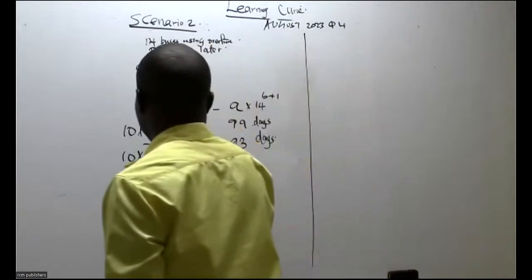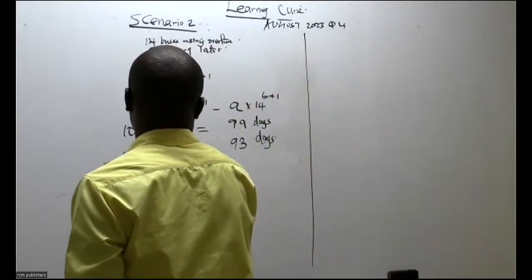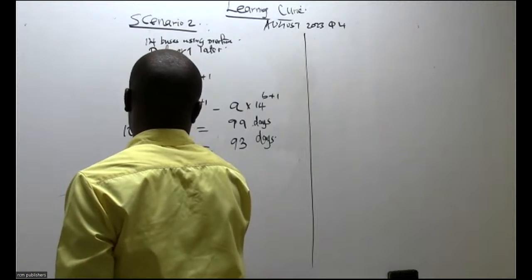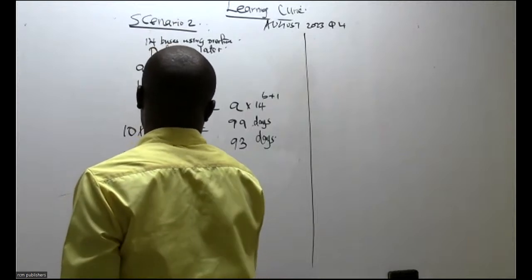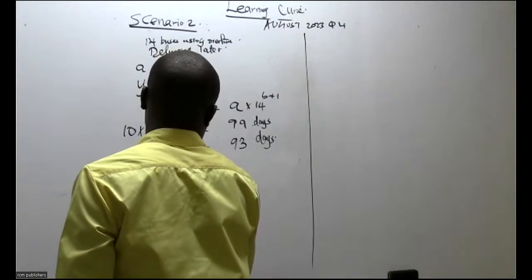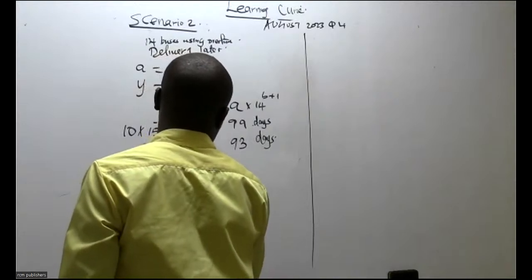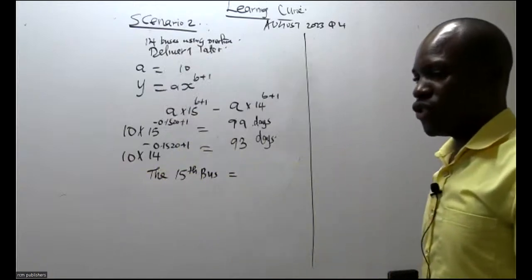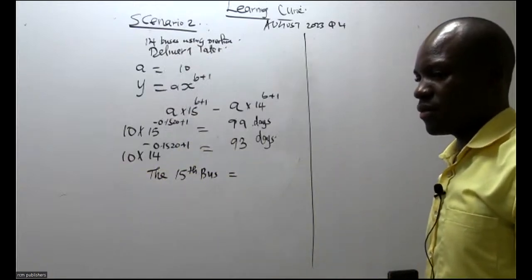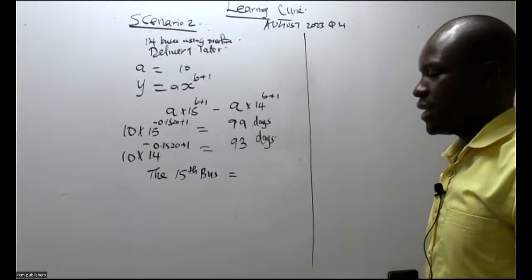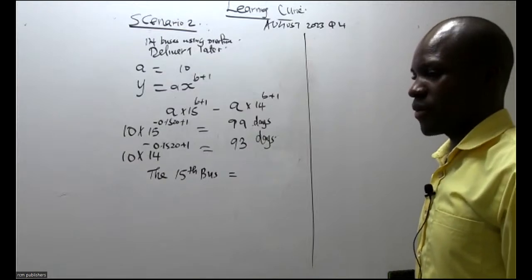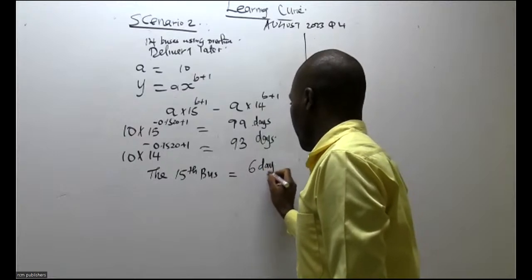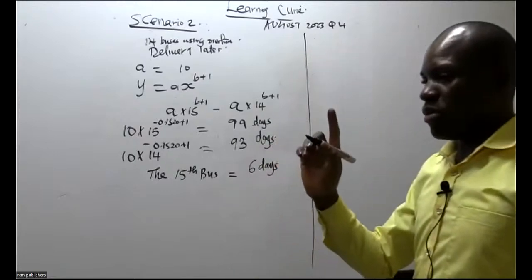So the last bus, or the bus to be delivered later, is the 15th bus. How many days will the 15th bus take for you to produce? It will take us 6 days. That's a new thing being introduced.